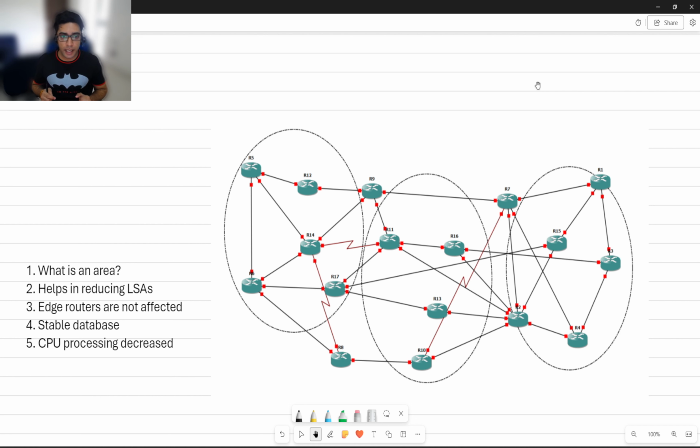The LSA that is generated inside the area will be limited only to that area, which helps in reducing the number of LSAs, and in turn helps in keeping the database of the routers stable. If all the LSA floodings are reduced, the database is stable. It will help in keeping the CPU processing low as well.